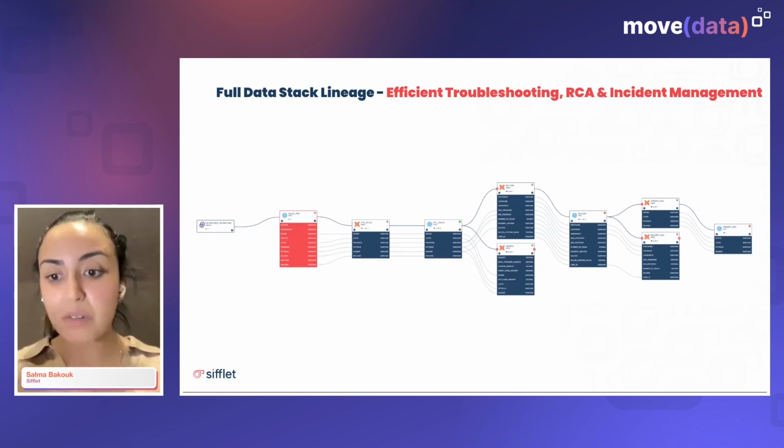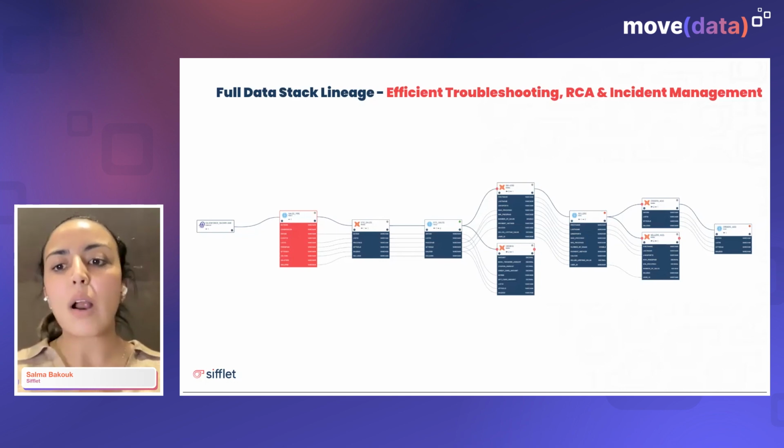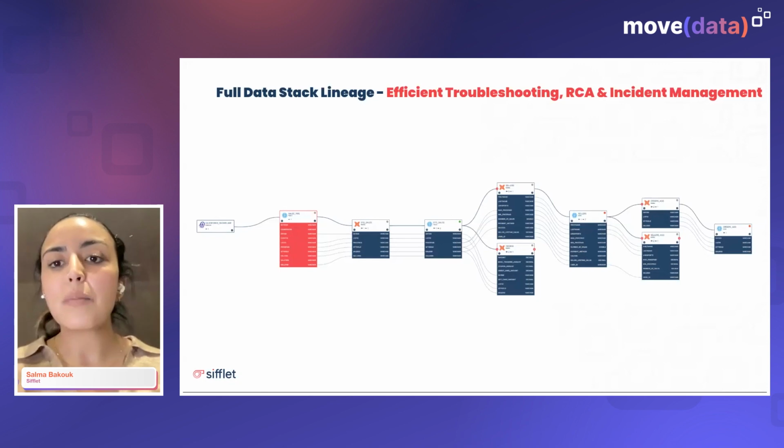So by having this bird's eye view with the lineage, and by getting information from a tool like Airbyte on how we compute the lineage as well, we are able to pinpoint the data producer directly to the root cause whenever there is an anomaly that's detected. So that helps with efficient troubleshooting. It helps create a more automated root cause analysis mechanism, and it helps save time for data producers.